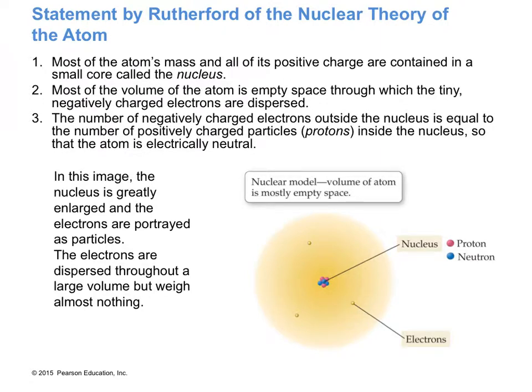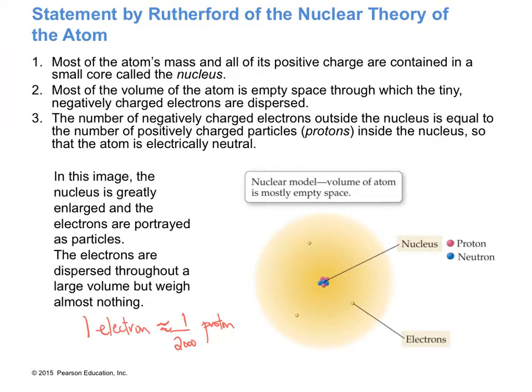And once again, an electron in size is approximately equal to 1 over 2,000 of a proton. I mean, it is ridiculously tiny. However, they have opposite charges.